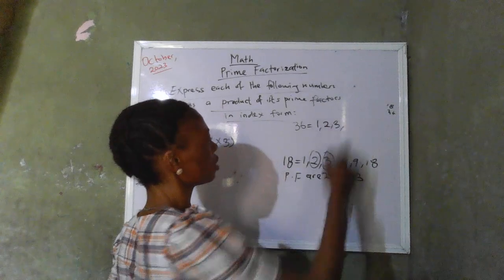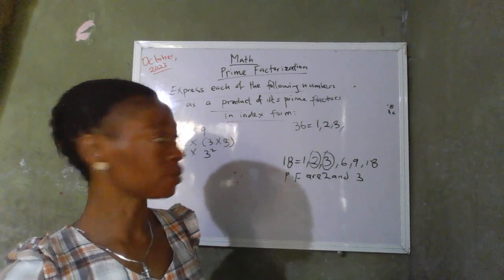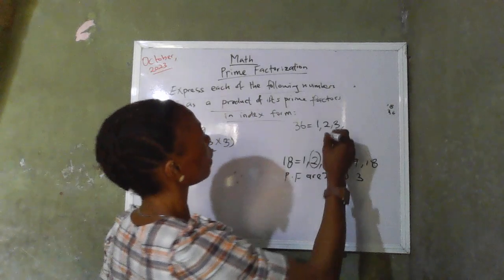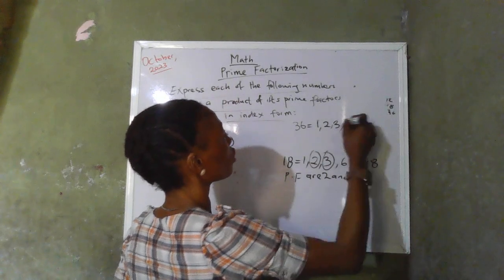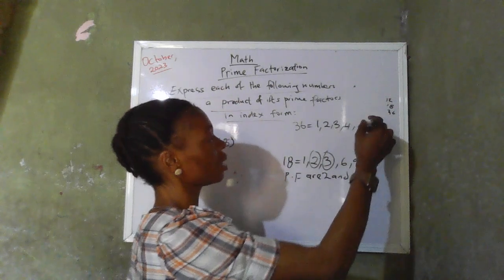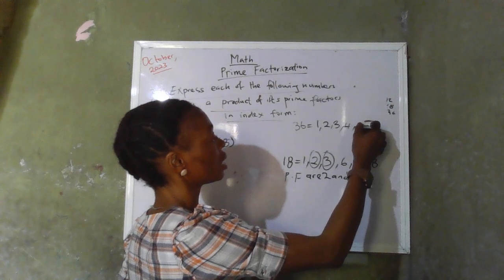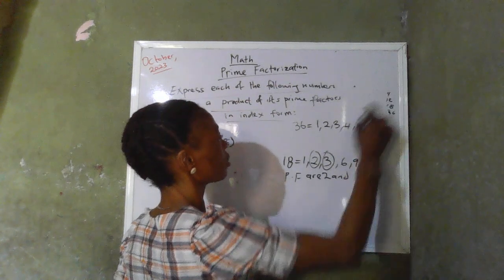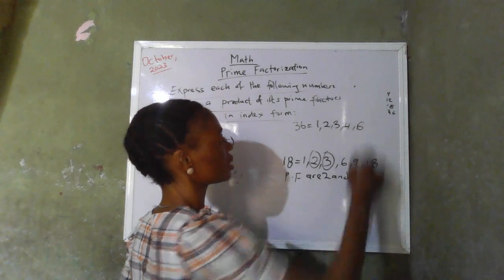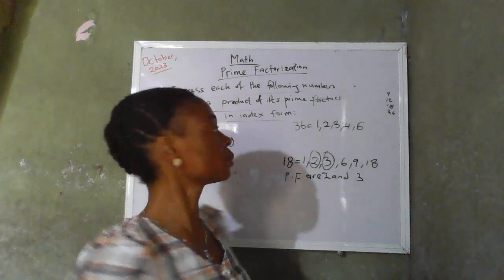We have 3 multiplied by 12, 4 multiplied by 9. Then we have 6 multiplied by 6.